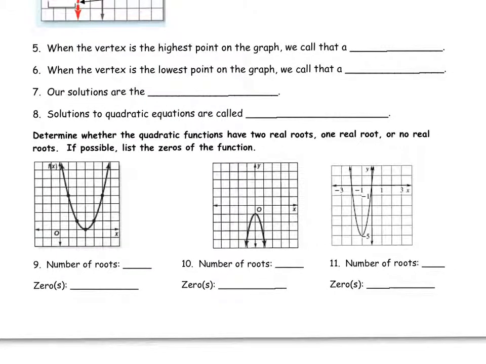When the vertex is at the highest point on the graph, the highest point is called the maximum. And when the vertex is at the lowest point on the graph, we call that a minimum.